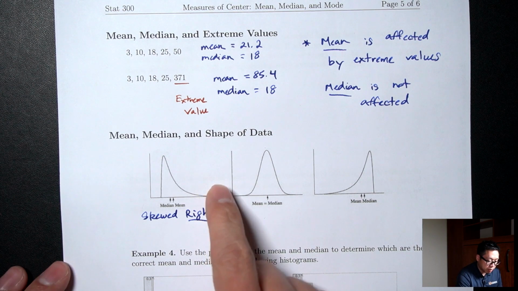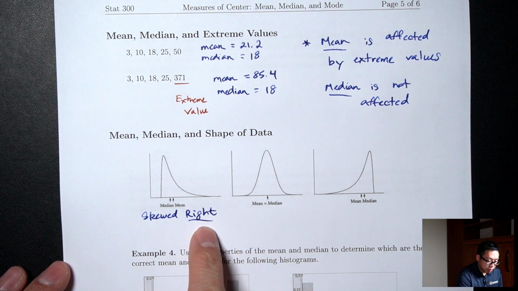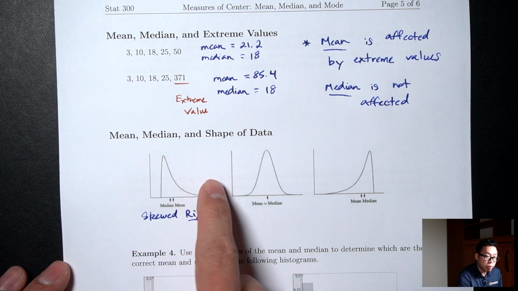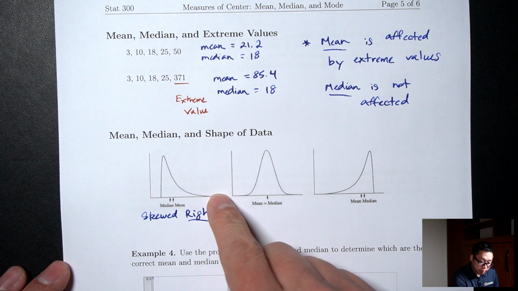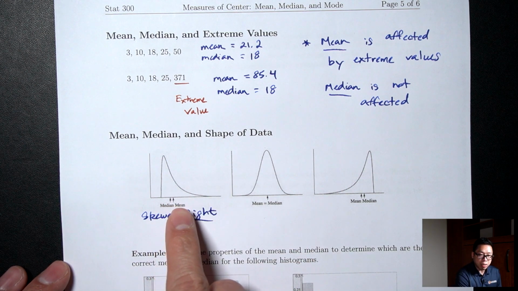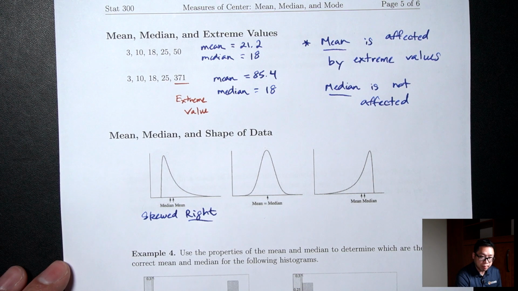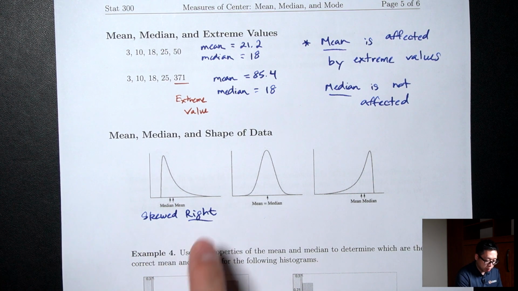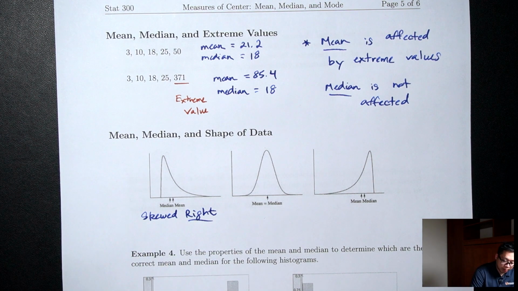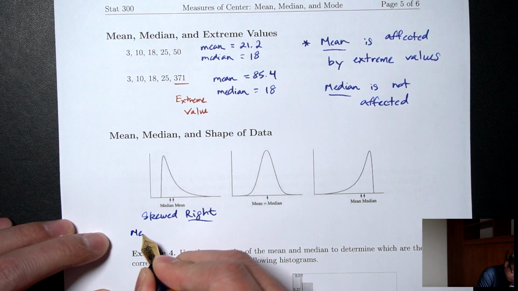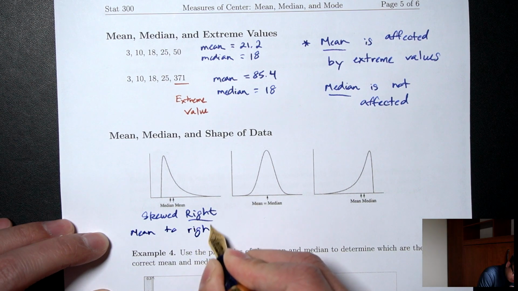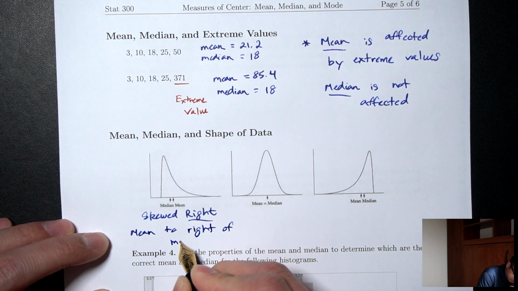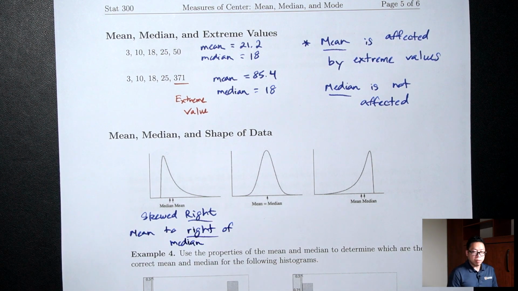So in skewed right, most of your data is low, and the extreme values will pull the mean upward towards it, which is why you get the mean to the right of the median. Okay, so when data is skewed right, the mean is to the right of the median.